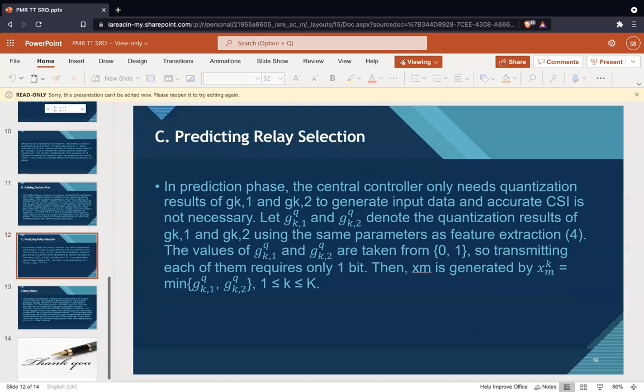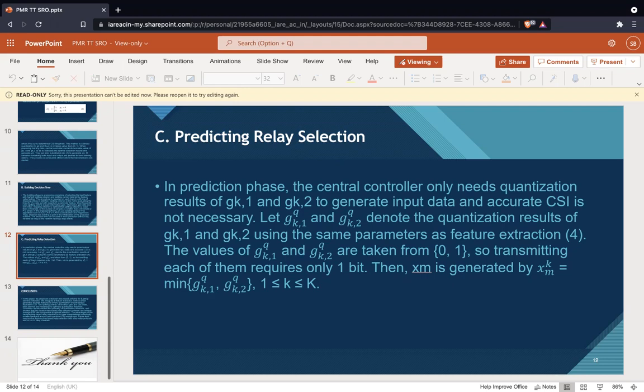Predicting relay selection. In the predicting phase, the central controller only needs the quantization results of gk1 and gk2 to generate input data, and accurate CSI is not necessary. Let g power Q base k,1 and g power Q base k,2 denote the quantization results of gk1 and gk2 using the same parameters as feature extraction.